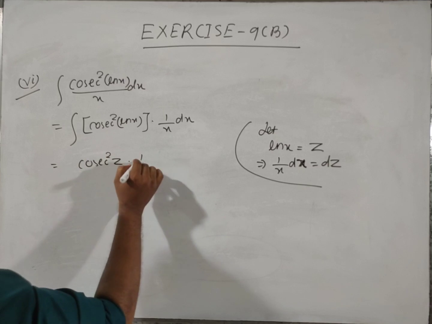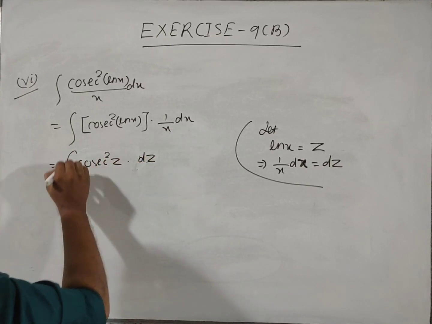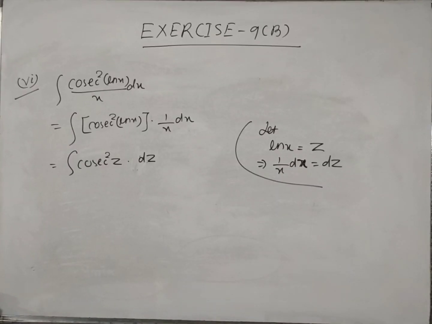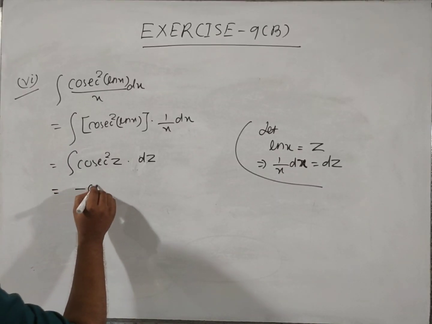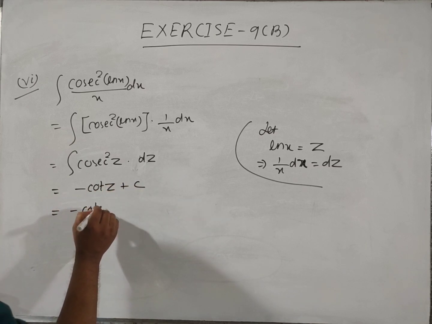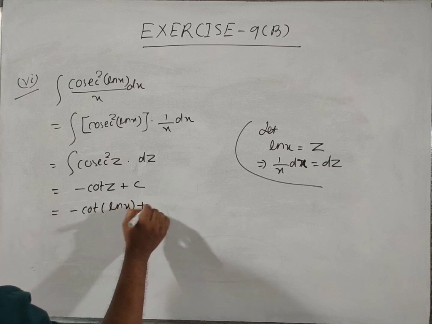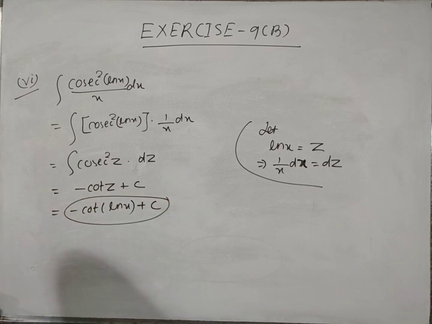Cosec square z, 1 upon x dx, it is dz. Integral of cosec square z with respect to z, it is minus cot z plus c. So in place of z we can write down ln x, minus cot ln x plus c. So this is the answer for the sixth bit of number 2.